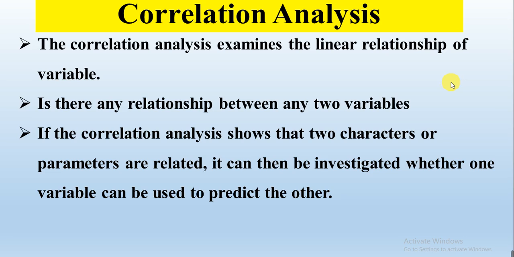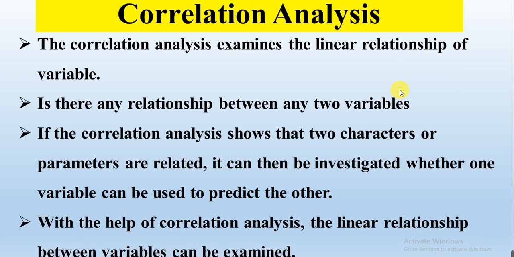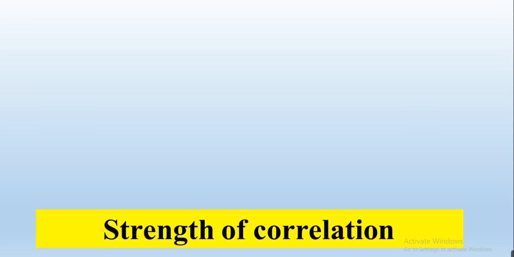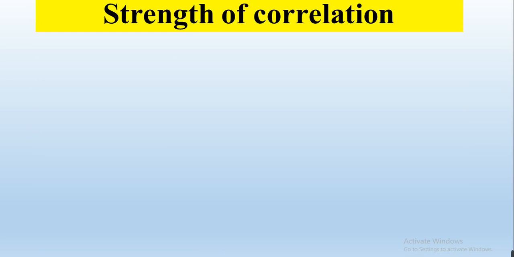It means that in correlation analysis we can predict the characteristics of another variable or parameter that has a relationship with the first one. With the help of correlation, the linear relation between two variables can be examined, and we can check their characteristics or predict the characteristics. Now we come to the strength of correlation.